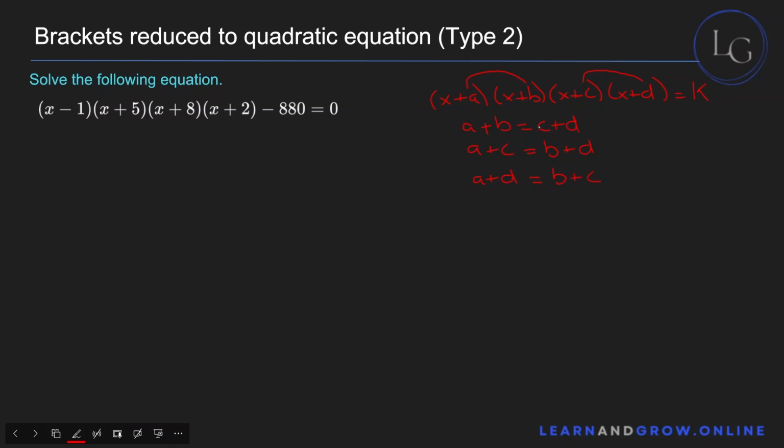If any one of these conditions is satisfied, then this entire equation can be converted into its quadratic form.